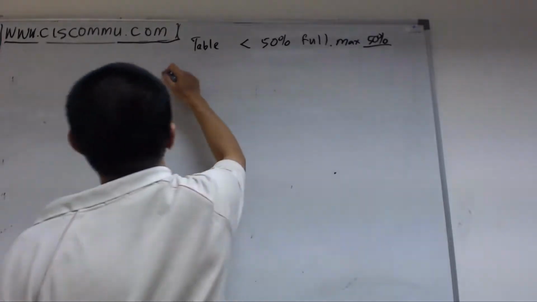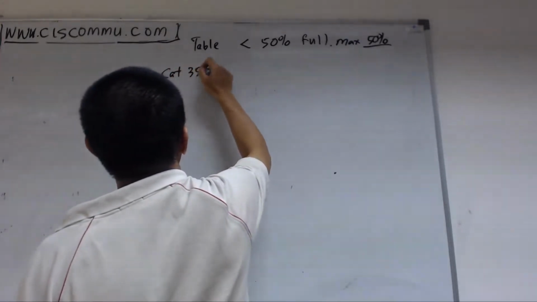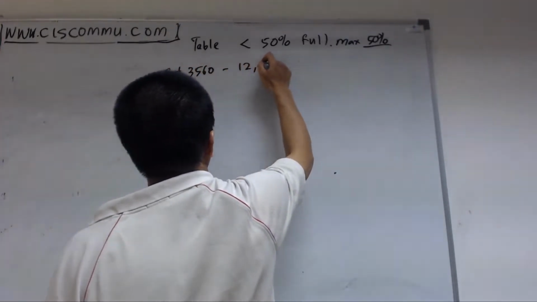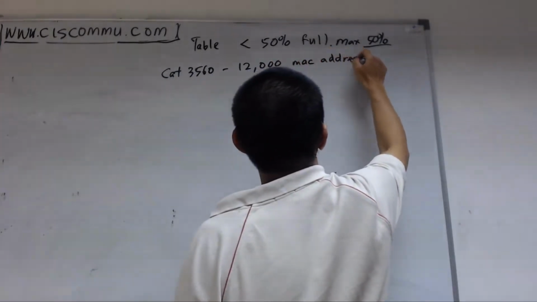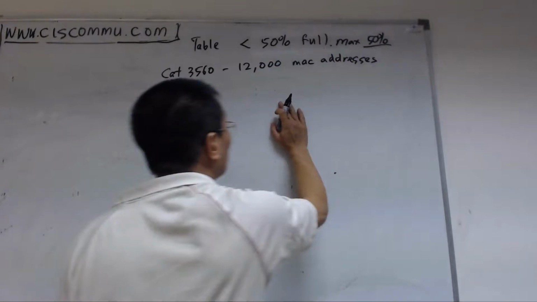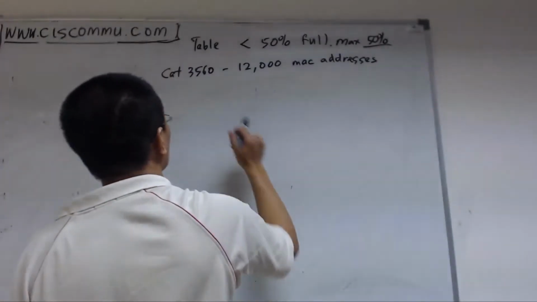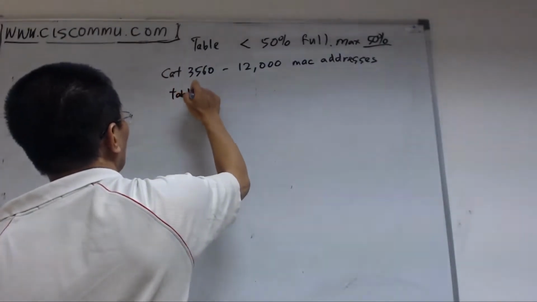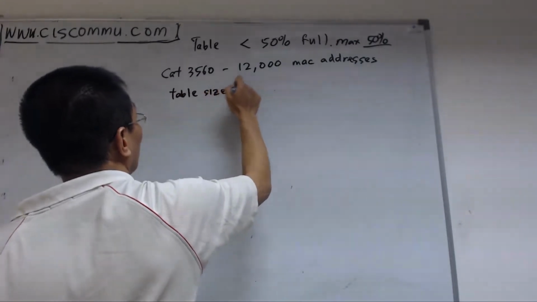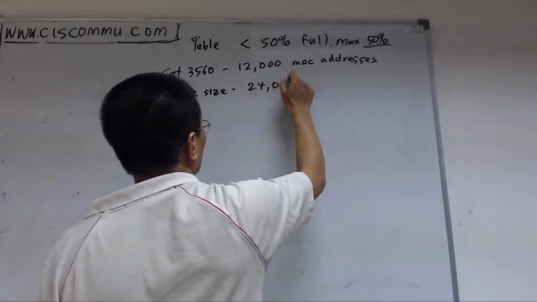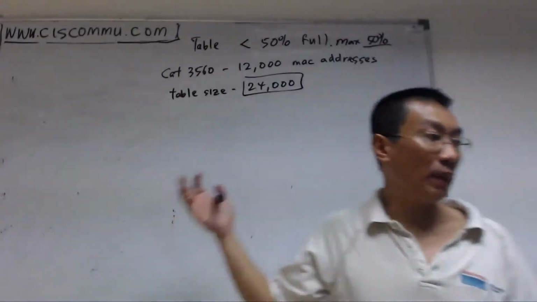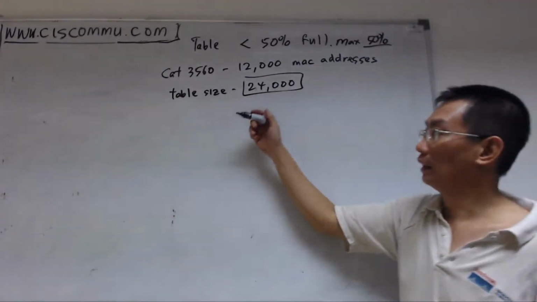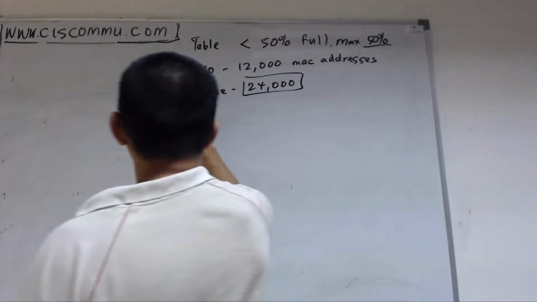Okay, so let's say if you have Catalyst 3560, you have 12,000 MAC address support, your bridging table supports 12,000 MAC addresses. So your table size will be 24,000. Alright, double.